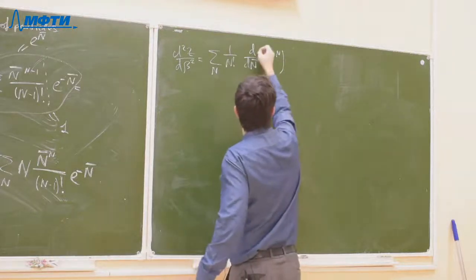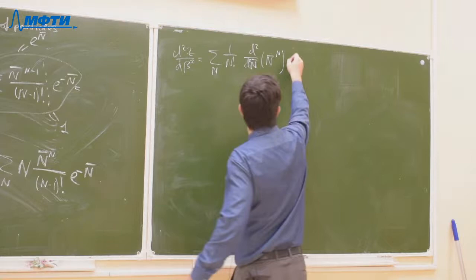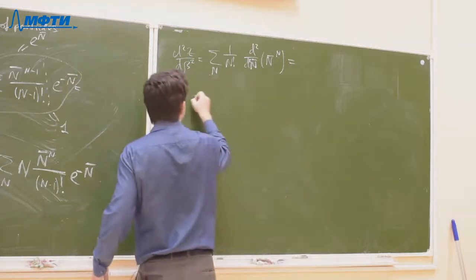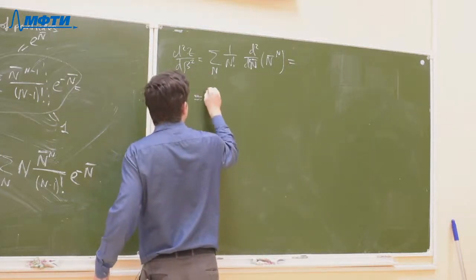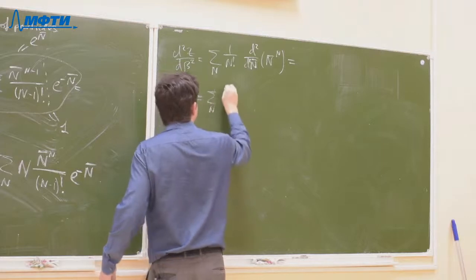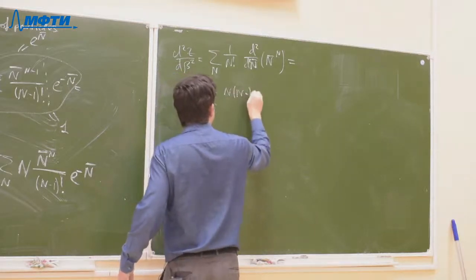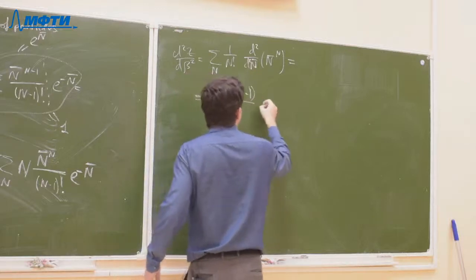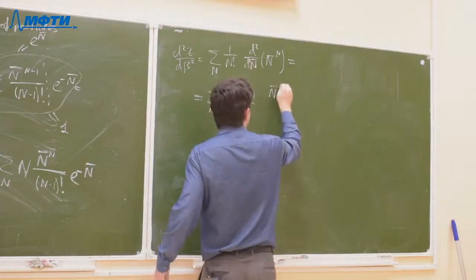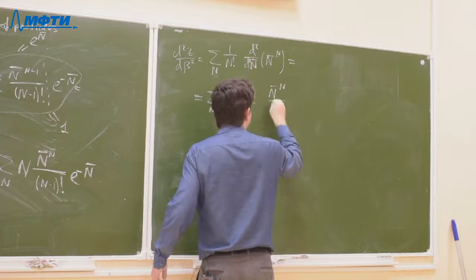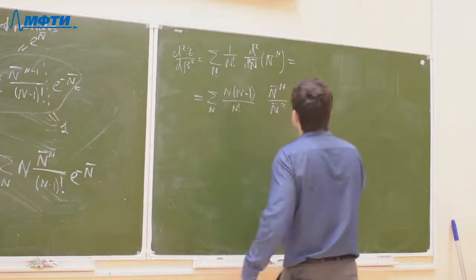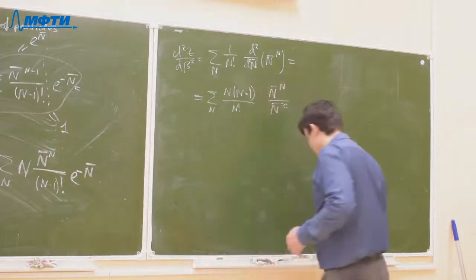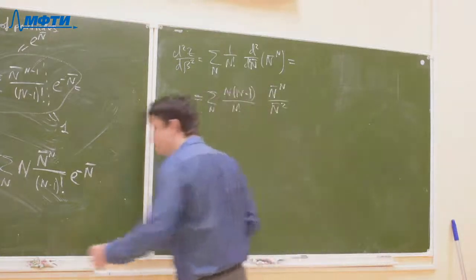Okay, so after I take this derivative twice, I get n multiplied by n minus 1 over n factorial multiplied by this over this squared. Okay, this is it. That's what I get.